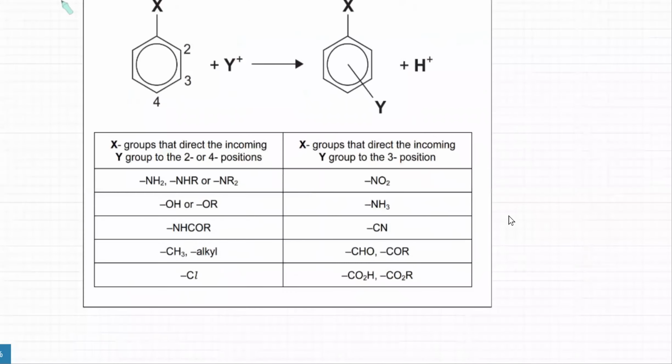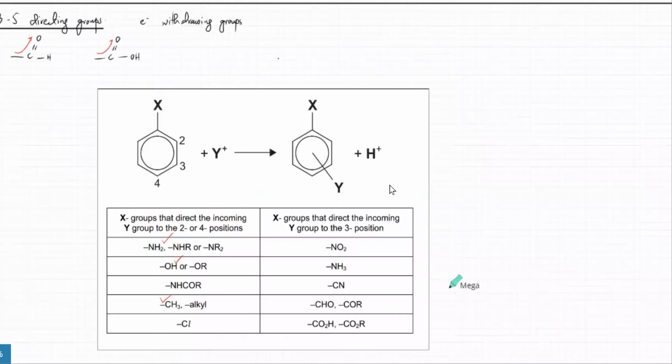So this one, this was the one that we earlier studied, NH2 and OH. And you had the alkyl chains. These were the common ones. We'll study Cl later on as well, but at the moment we don't have to discuss it. We were specifically discussing electrophilic substitution involving NH2, OH and alkyl chains. And these are your electron withdrawing groups, like an aldehyde or a ketone or carboxylic acid. NO2 has an electron withdrawing effect as well.